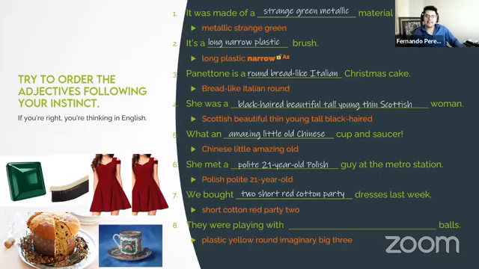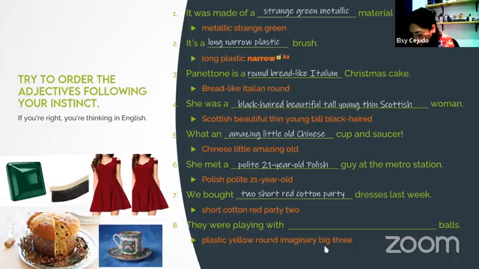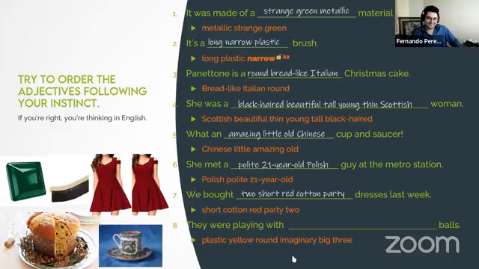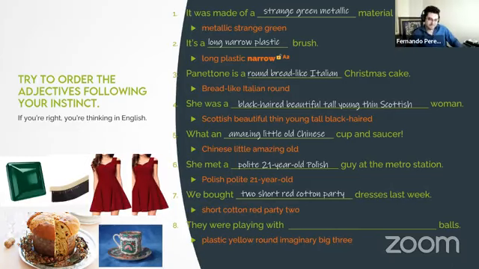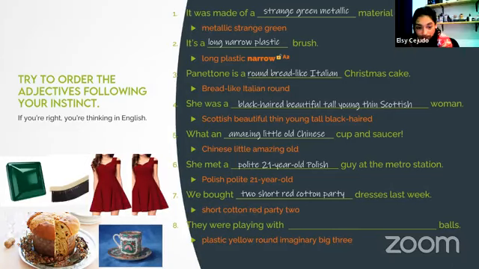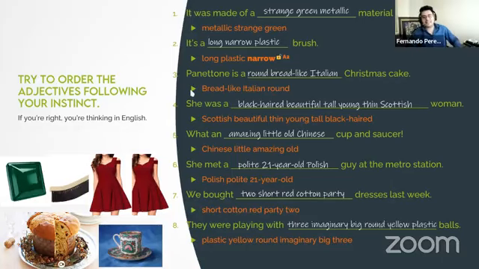You forgot big. They were playing with three imaginary big round yellow plastic balls. Exactly. Three imaginary big round yellow plastic balls. Yes. Very, very good.